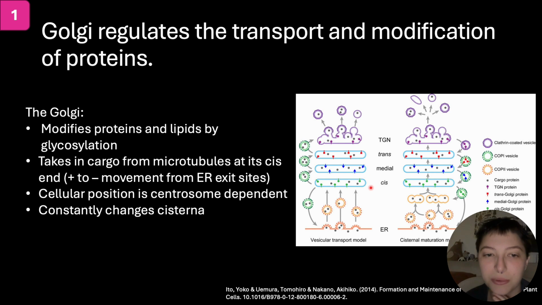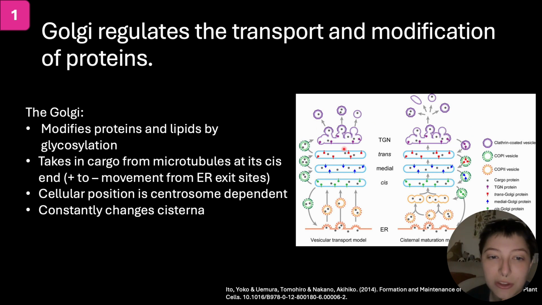These things are separate; the most common example I've seen is a stack of pancakes. And so you have protein going from one cisterna to the next, but you also have this constant change, so you also have lipid compositions transferring down.